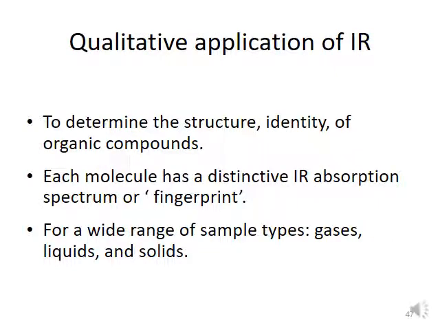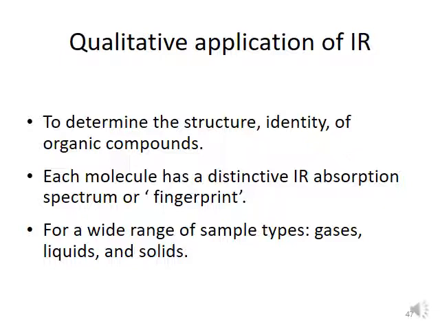For the qualitative application, we can simply determine the structure and identify organic compounds. Each molecule has a distinctive infrared absorption spectrum, or fingerprint. In the IR spectrum, less than 1000 per centimeter is what we call the fingerprint region.